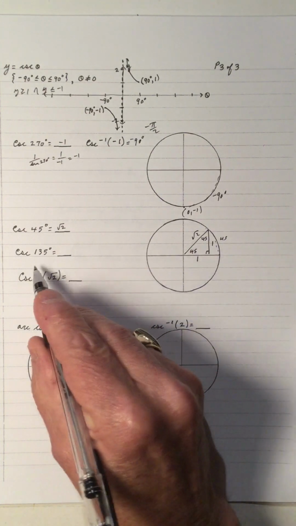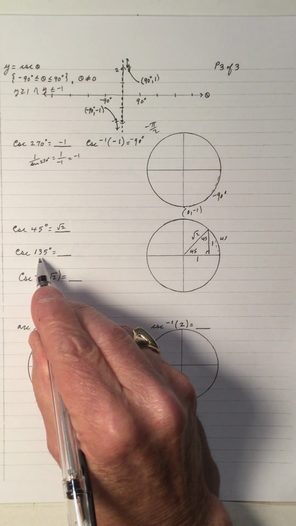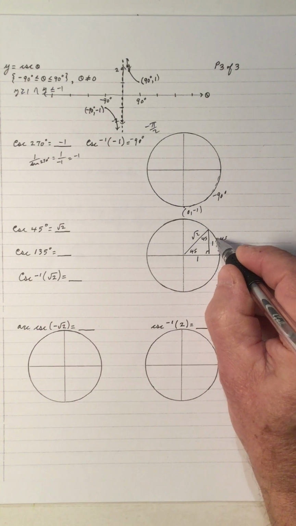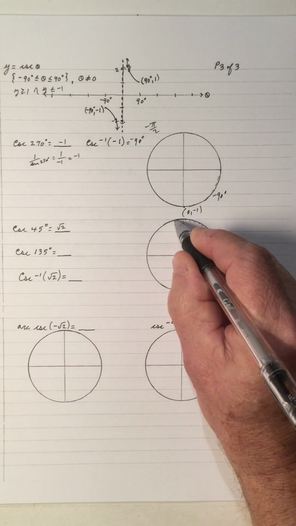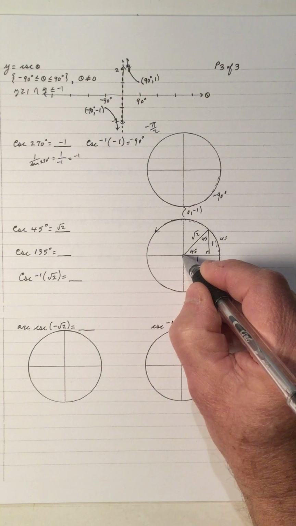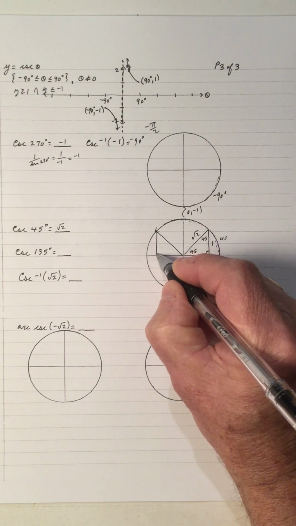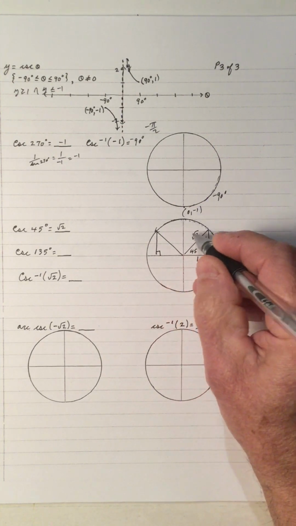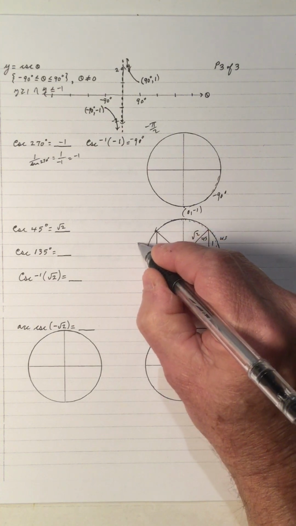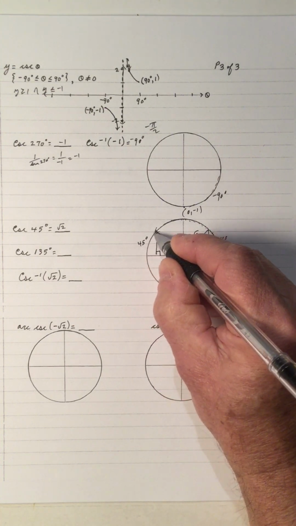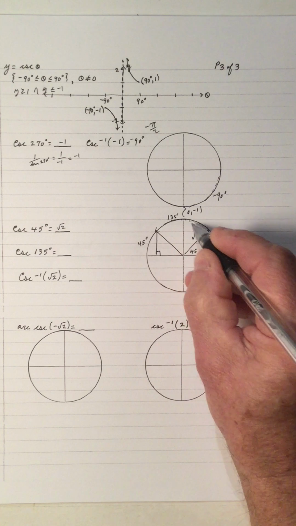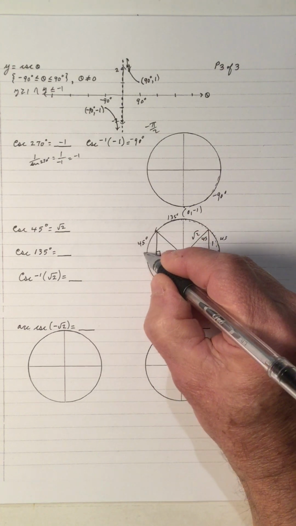And what about the cosecant of 135? So 135 is up here, right there. Draw a terminal arm perpendicular to the x-axis. So 135 degrees makes this arc here 45. So 135 from here, and 45 is 180.